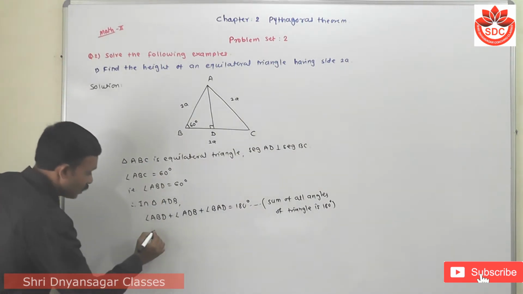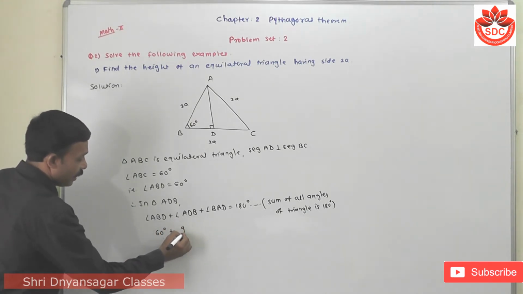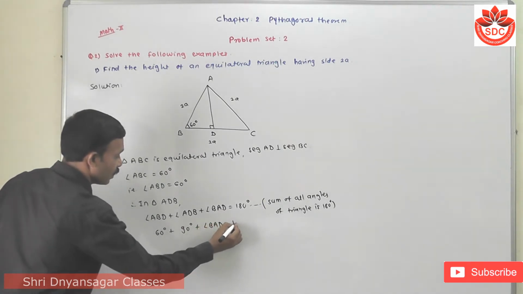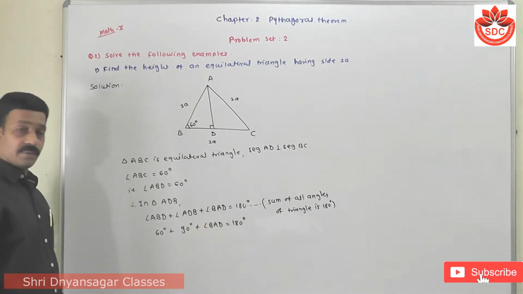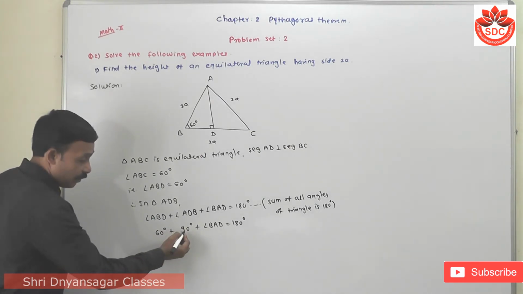ABD is how much? 60 degrees, plus ADB is 90 degrees, plus angle BAD, which we have to find, is equal to how much? 180. The addition of these two is 150.